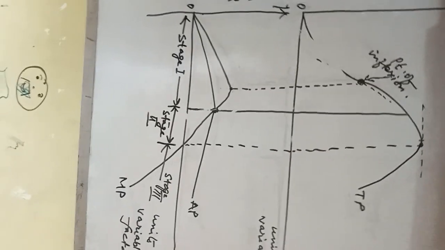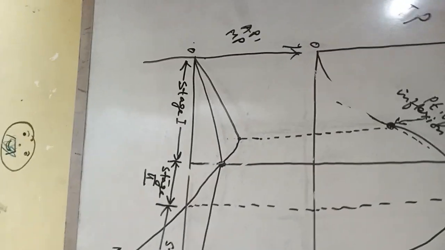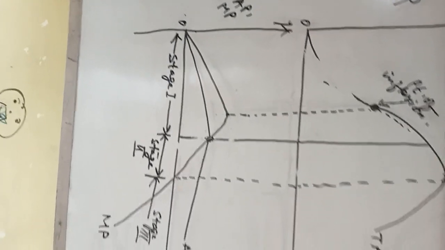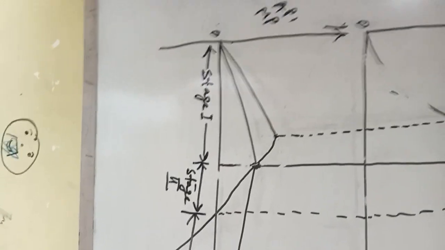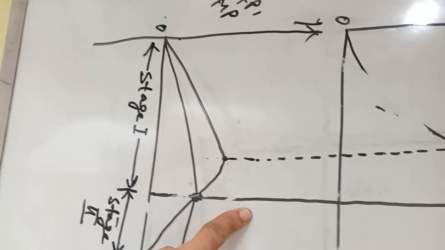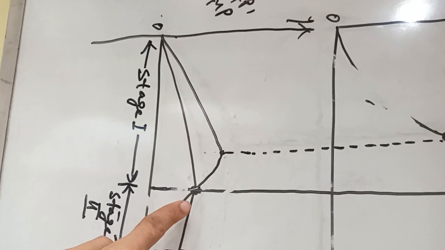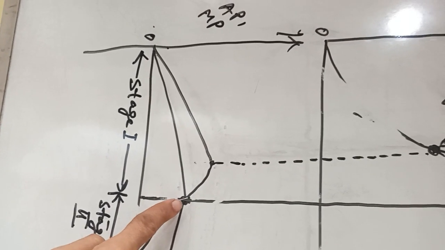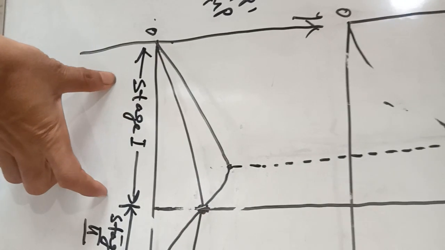Okay, this is not enough. It's not yet completed, because we have to demarcate the three stages. See, right from the beginning till the level where AP and MP are cutting each other, that is the intersection point of AP and MP, this is stage 1.